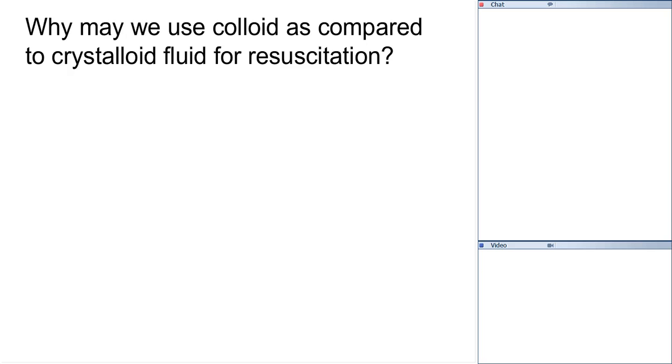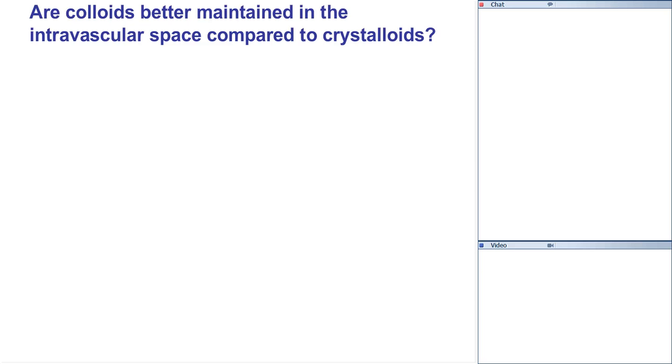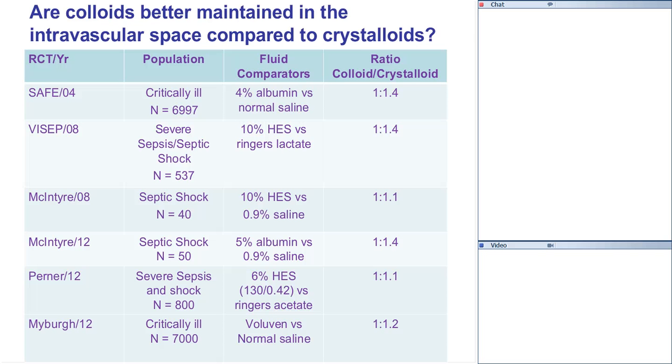But the question is whether or not that actually holds true in our critically ill patients. Are colloids truly better maintained in the intravascular space compared to crystalloid fluids? And I can tell you that a number of randomized controlled trials have been conducted in the critically ill and or septic shock patient populations, comparing the colloid, either albumin or starch, to a crystalloid fluid.